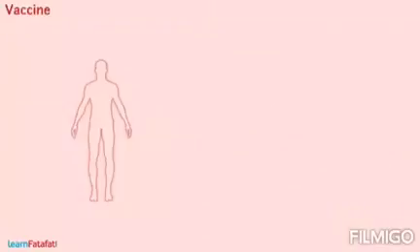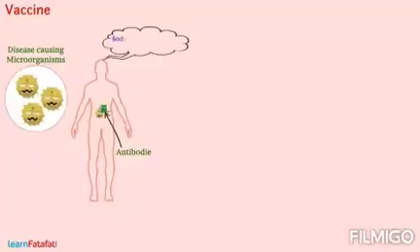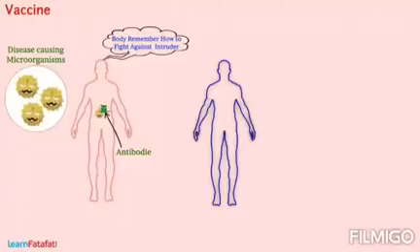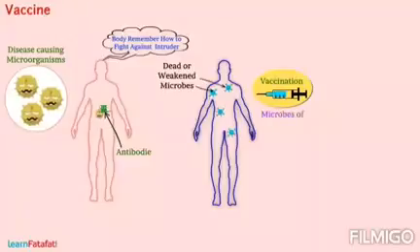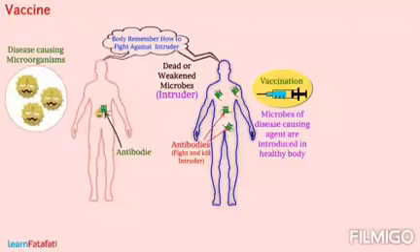Vaccine. Whenever a disease-causing agent enters our body, it produces antibodies to fight against it. Our body also remembers how to fight against the intruder. During vaccination, dead or weakened microbes of disease-causing agents are introduced in a healthy body so that the body produces antibodies, fights and kills the intruder and remembers how to fight.